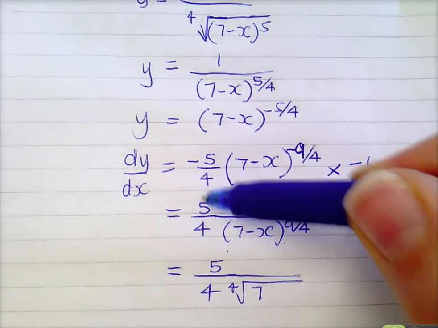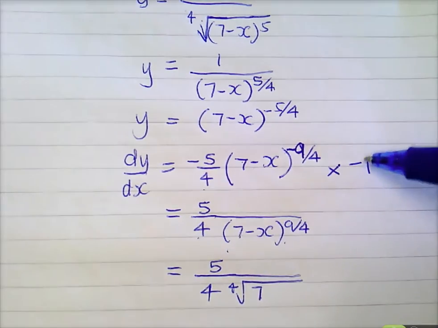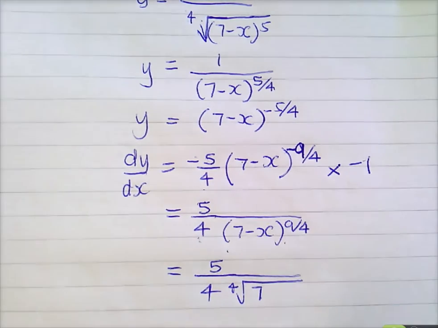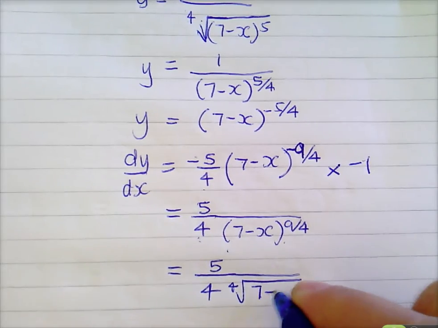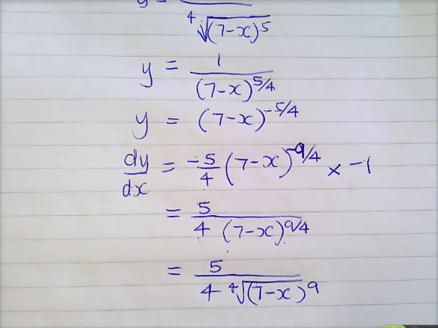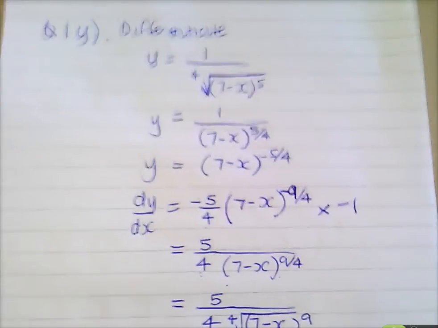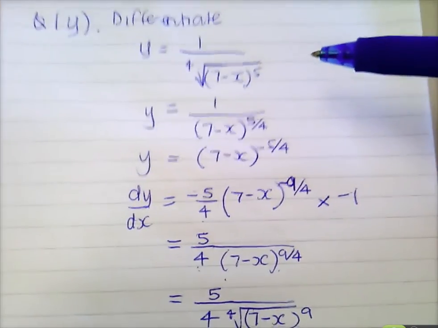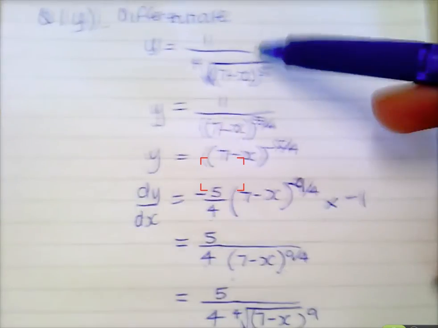The 5 and the 4 stay in the same place. Negative times negative is positive. 7 minus x all to the power of 9. Okay, that's that. And it has to be in the same format as the question: no negative powers, no fractional indices. Okay?